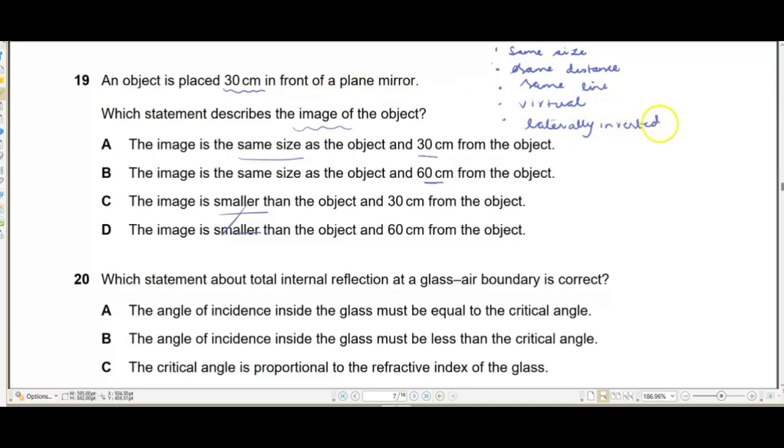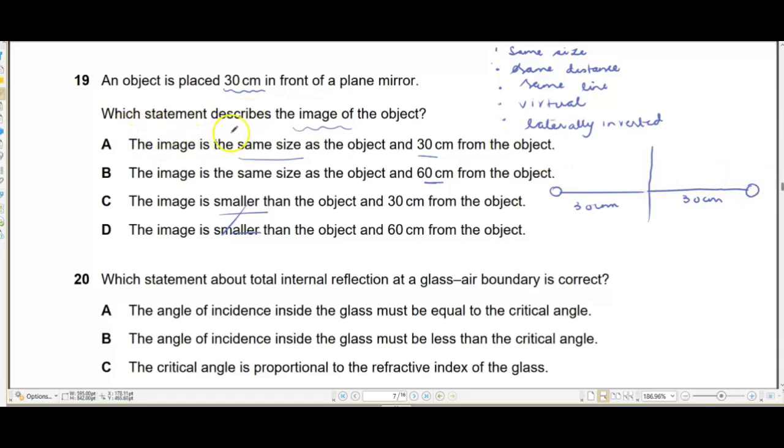Now what they've told us is that if this is the mirror, the object is placed 30 centimeters away from the mirror. So the image that is going to be formed is also going to be 30 centimeters behind the mirror. It has to be at the same distance from the mirror as was the object from the mirror.